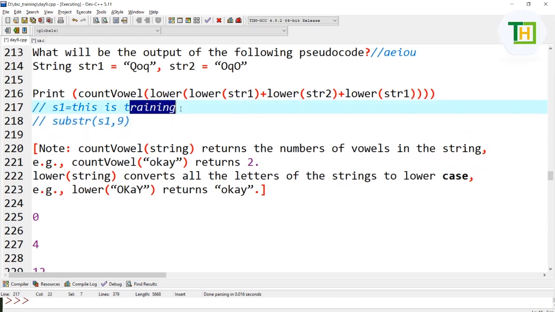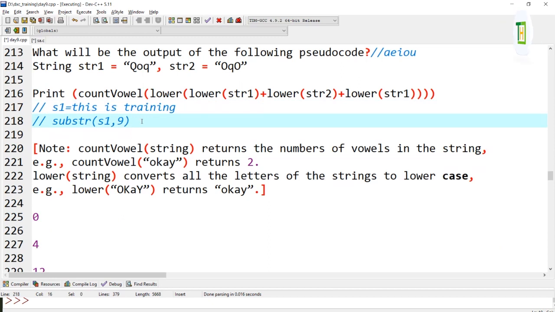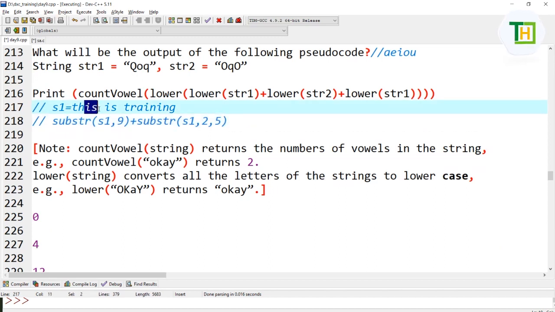From this character, it takes a string like this, plus substr of s1 comma 2 comma 5. That means it starts from 2 and takes 5 characters, and we have to add this one. What is the output, and how many vowels are there? In this way, they ask with substring and count vowels.